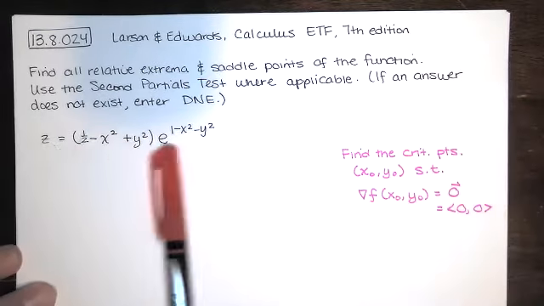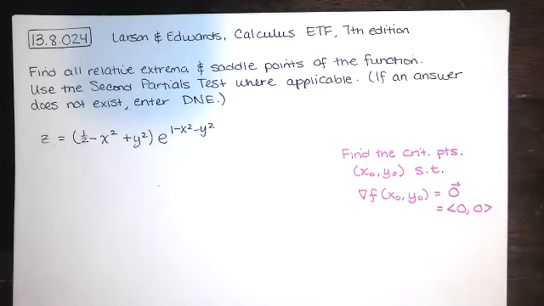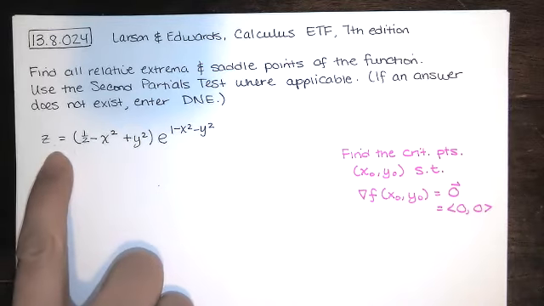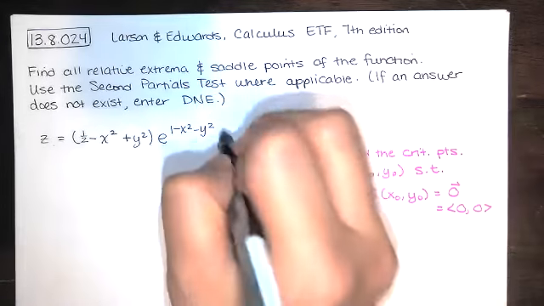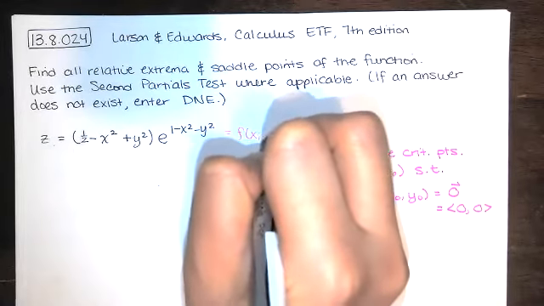So let's look at this guy. In order to find the gradient, we have to find the partial of f or z in this case with respect to x, and the partial of f or z in this case with respect to y. So I'm going to label this f of x, y.